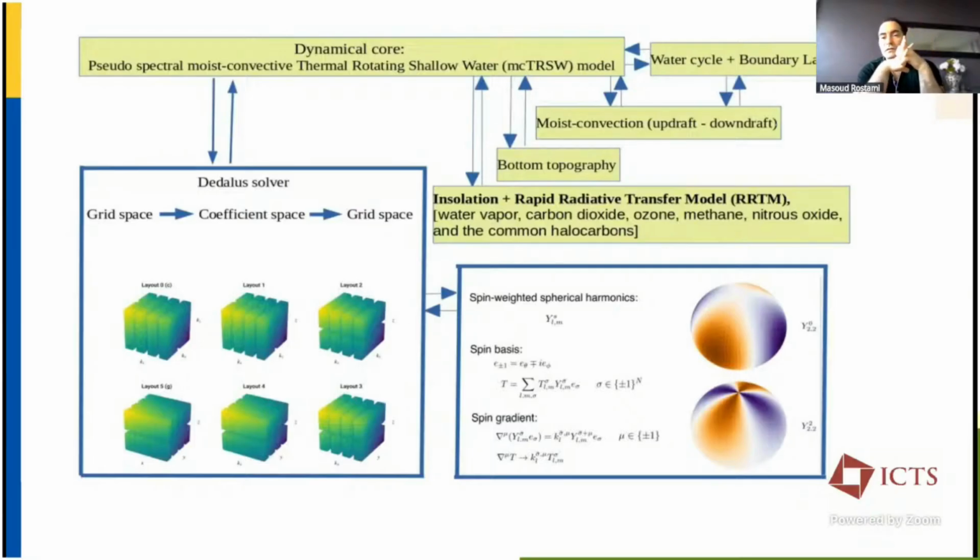The radiative transfer in this system is a rapid radiative transfer model, or RTM, which is the second best after line-by-line, which is very expensive numerically. But this one is fast and can capture most greenhouse gas effects. We also have a type of water cycle in this system.